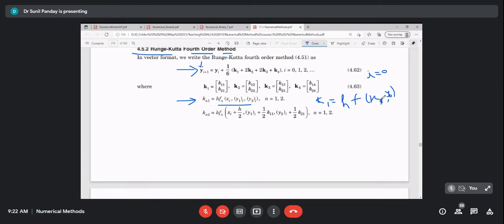Since here we have two variables, y1 and y2, this one is y1 at point i, and y2 is also at point i. Here y1 and y2 are the dependent variables, and the index i means at xi.